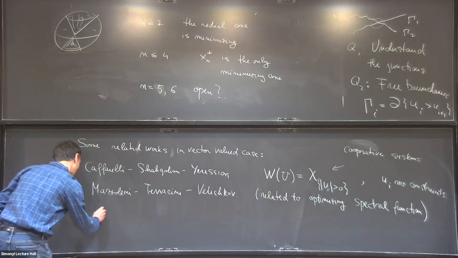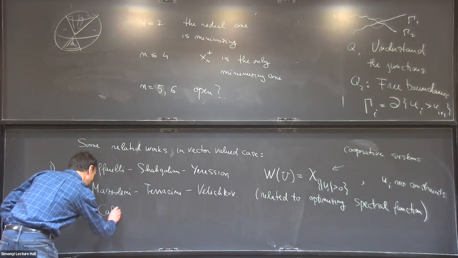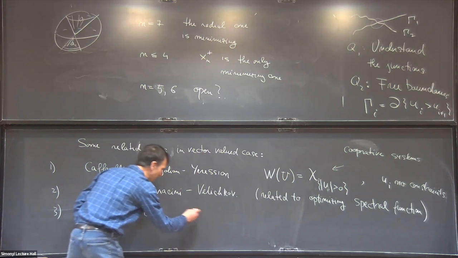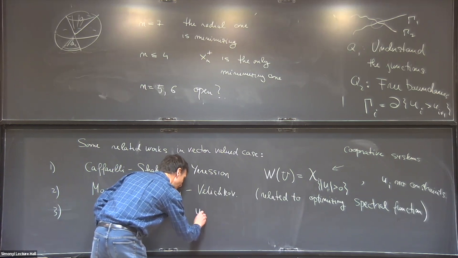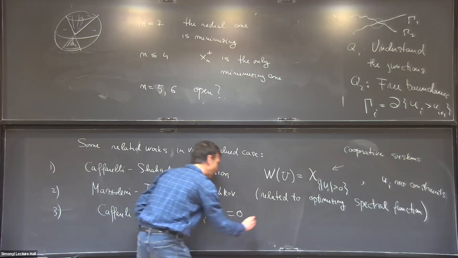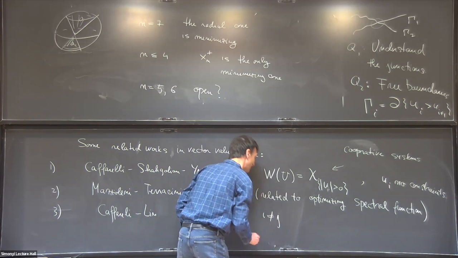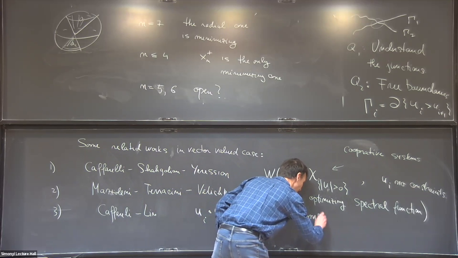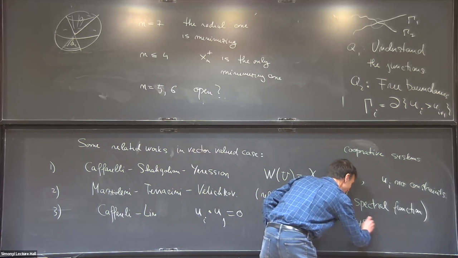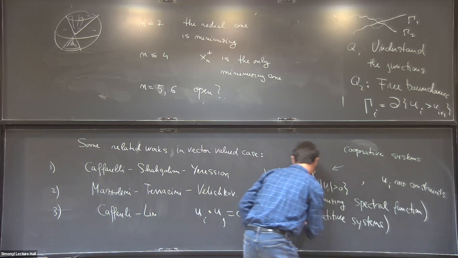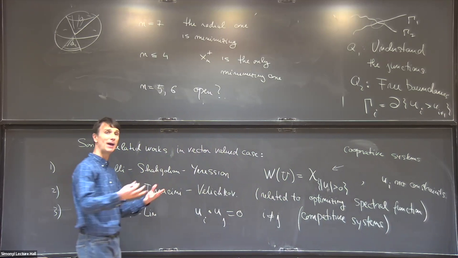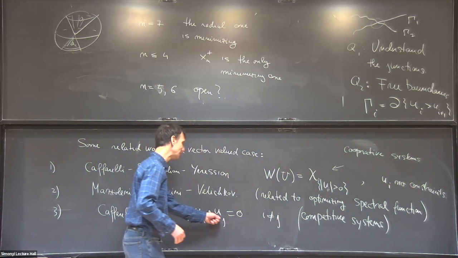This is something that Caffarelli and others considered, in which you want the constraint ui times uj to be equal to 0 if i is different than j. Or if you want, you can think that you have harmonic maps into singular spaces.